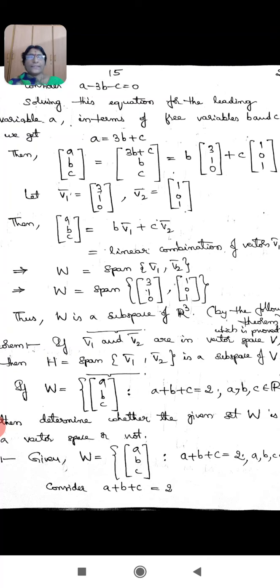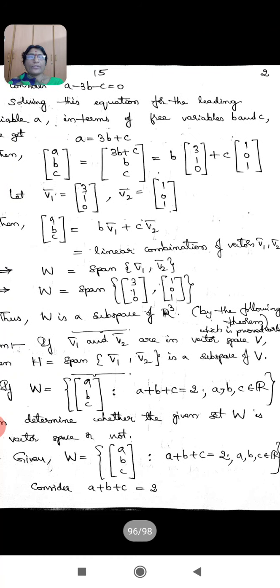Then we can say that the column vector (a, b, c) is equal to b v1 bar plus c v2 bar, which is a linear combination of the vectors v1 bar, v2 bar. As it is a linear combination of v1 bar and v2 bar, this vector (a, b, c) is in the span of v1 bar, v2 bar.